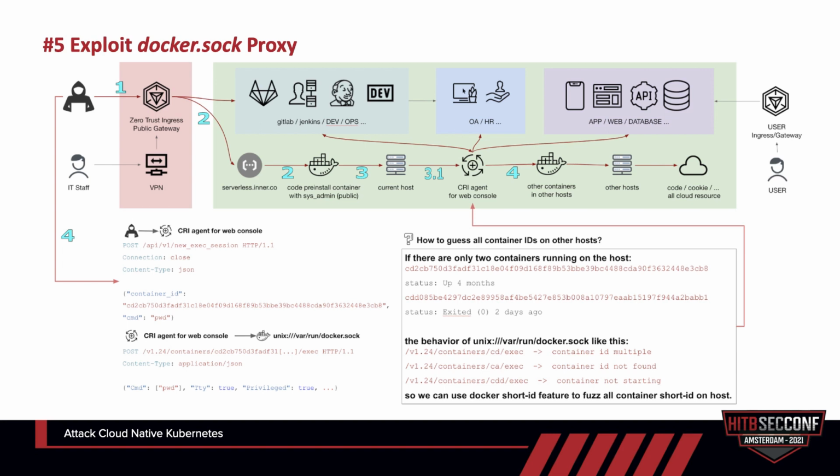For example, if there are only 2 containers on the host like below, one up for 4 months, the other created 2 days ago, and their container IDs start with C. Requests with different container IDs will return different results, including the following 3 results: container ID multiple, container ID not found, container ID not stopped.